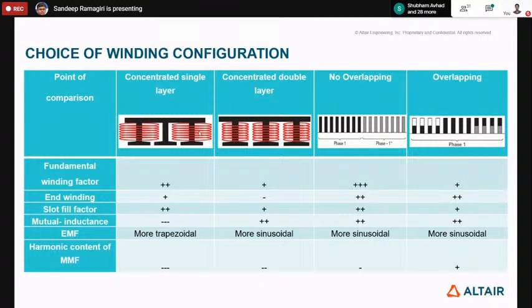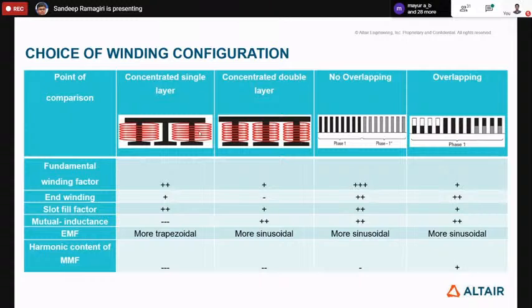Thank you. So if you look at this winding configuration, I must say no overlap will have a good fundamental winding factor, and the concentrated winding will have a back EMF shape that is basically trapezoidal, and for all other windings we have a sinusoidal shape. And for slot filling factor, we will have a good advantage.